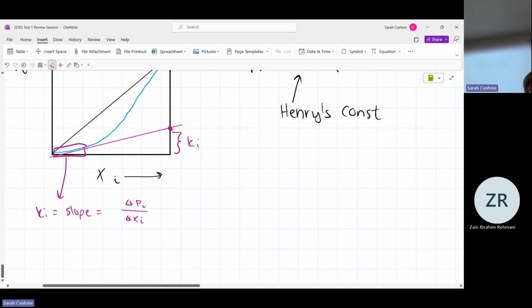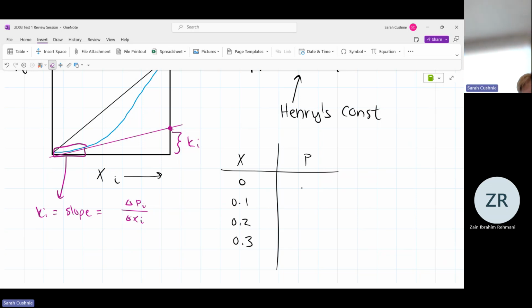So if you're given a table, or I guess it'd be the other way around, we're given a bunch of x and we're given p: x is 0, 0.1, 0.2, 0.3, and p is like 0, 3, 6, then 12. That's not a straight line.